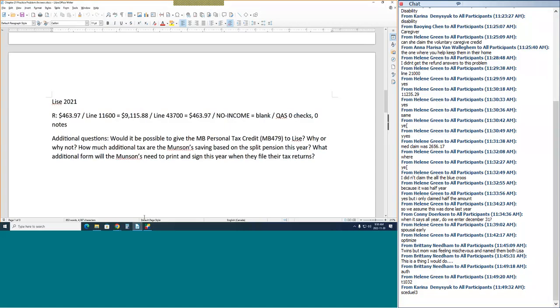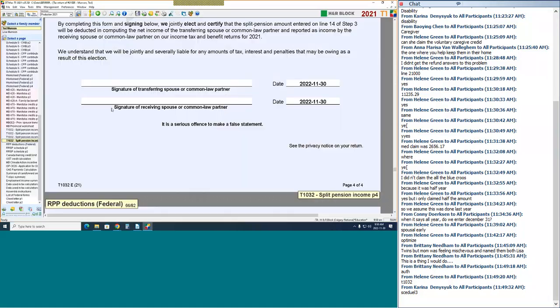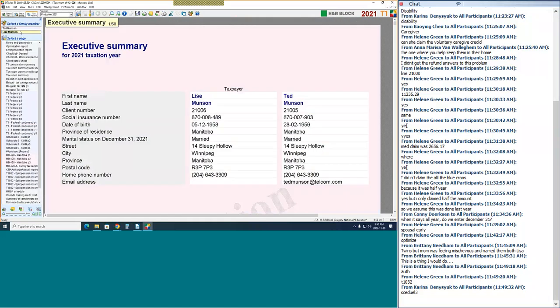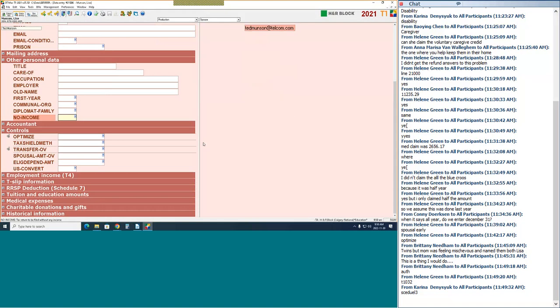Good. All right. Again, I have not gone over the notes but I would recommend that you go over the notes. I want to point out one more thing on Lisa's return, which is a bit weird. So if I look at Lisa's data entry, her data entry is blank. She has nothing in it. So we feel like we should say no income because she doesn't have any of her own income.